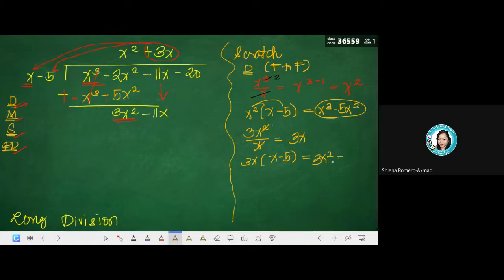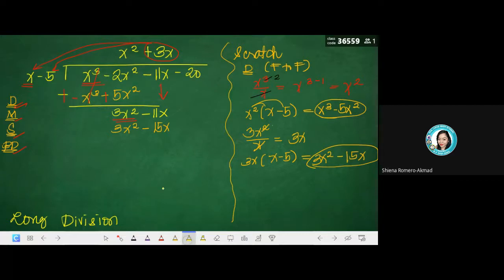Times natin siya sa 5, negative 5. This will be negative 15x. Tapos ito, susulat natin dito. Okay? So we will write it here. We have 3x squared minus 15x.